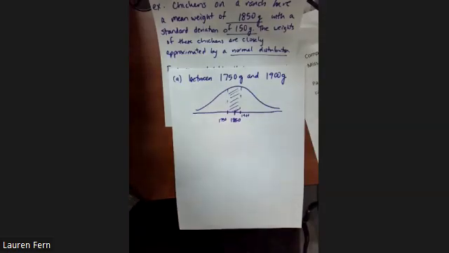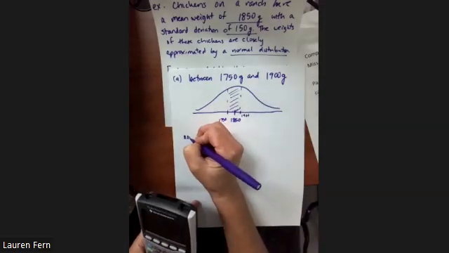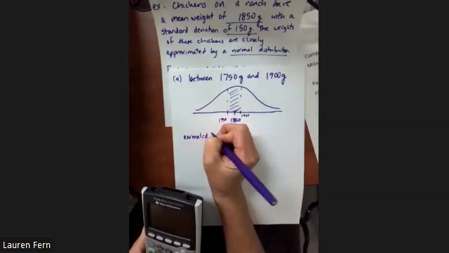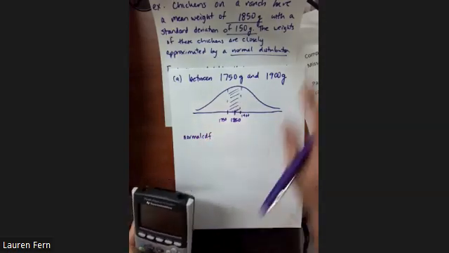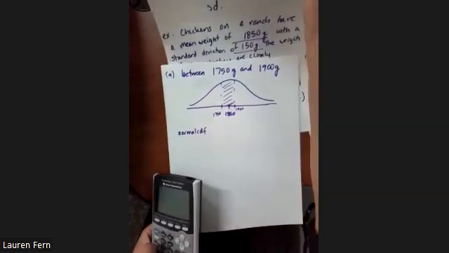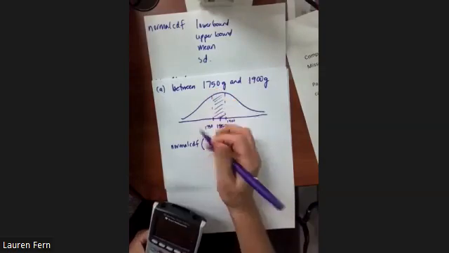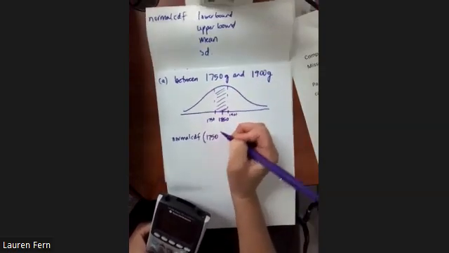So if you have this TI-84 or 83 calculator, remember what we put in is lower bound, upper bound, mean, and standard deviation. Here we want the lower bound to be 1,750.